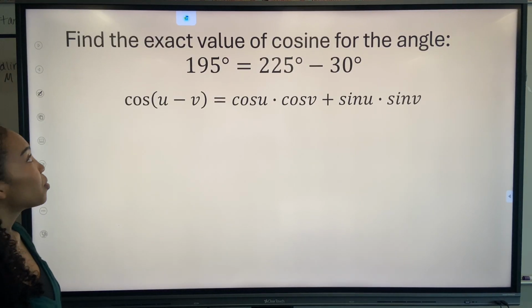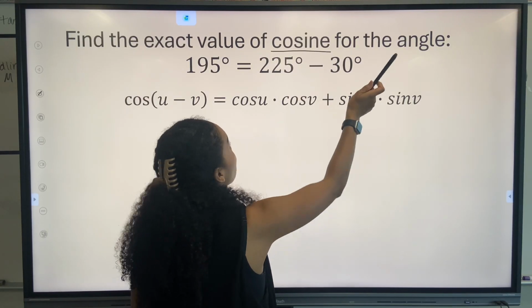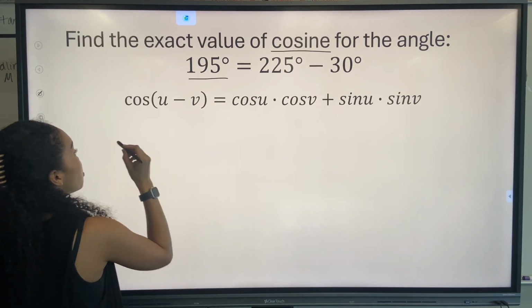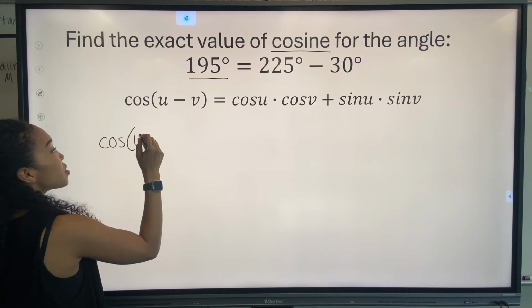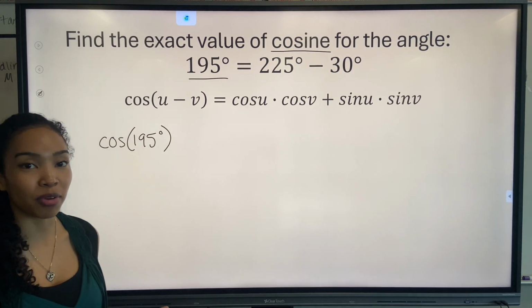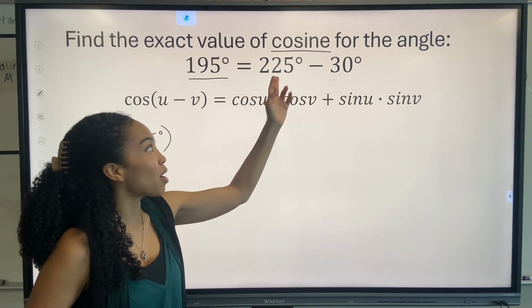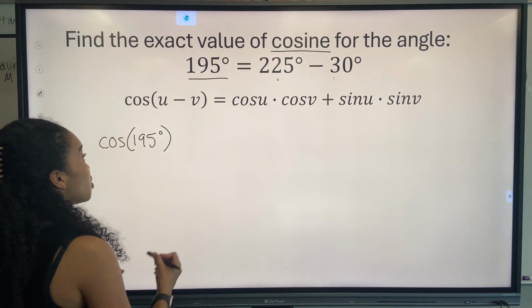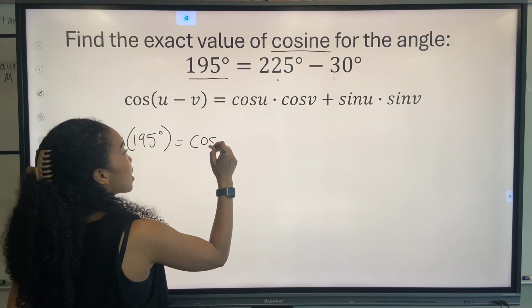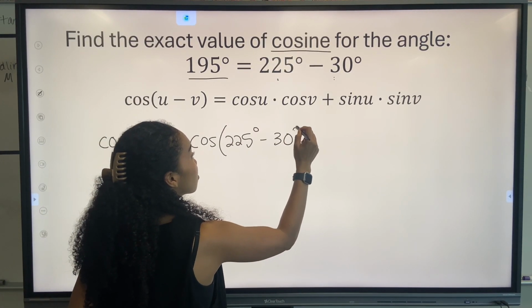Okay, so this example, they want us to find the exact value of cosine for the angle 195. So I want to know, what is cosine of 195? This is not one of the angles that we have memorized from the unit circle. So we have to split it up into values that we do know from the unit circle. So I'm going to write this as cosine of 225 degrees minus 30 degrees.